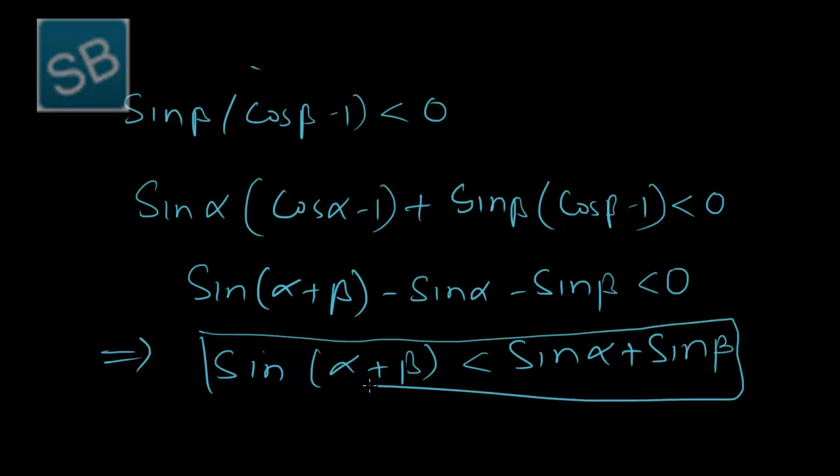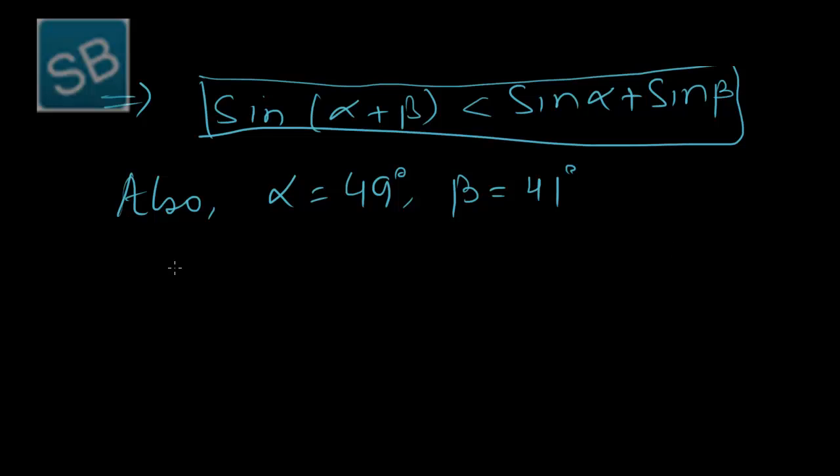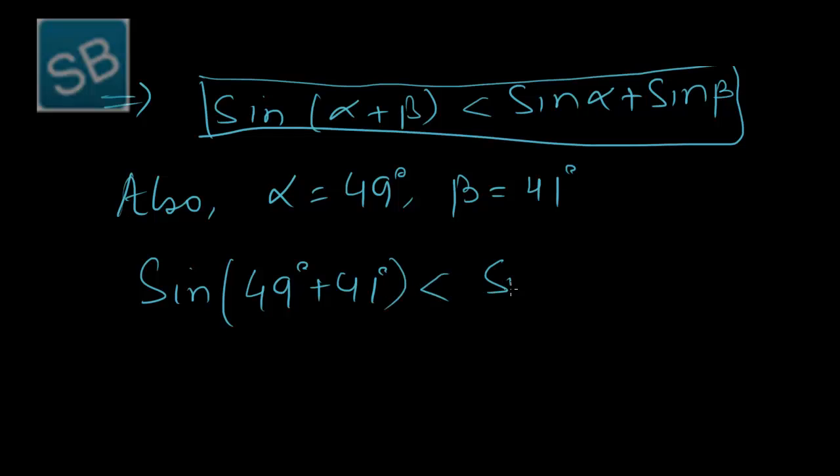So by using this result, we have to deduce some result. So if we take alpha equal to 49 degree and beta equal to 41 degree and substitute the values of alpha and beta in this expression, we get sin(49 degree plus 41 degree) less than sin 49 degree plus sin 41 degree.